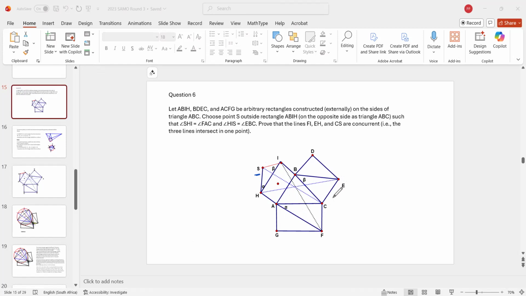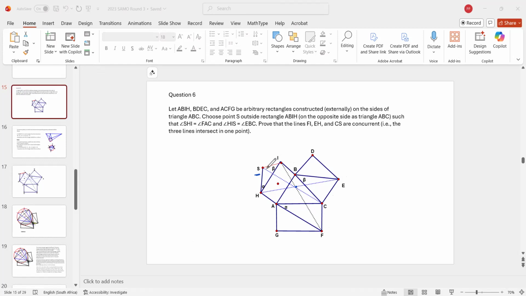then becomes an interesting point, because if you take these two opposite vertices of these two rectangles, F and I, and you join them, and here too, you take the two opposite vertices of these two rectangles here, and you join them, they meet at this place.